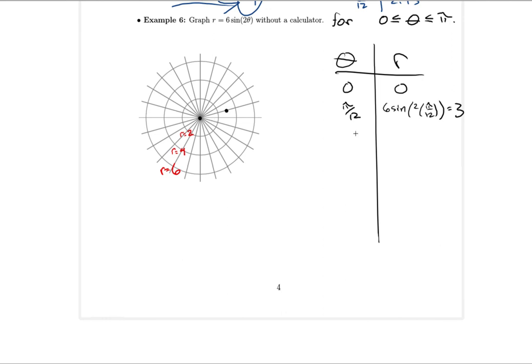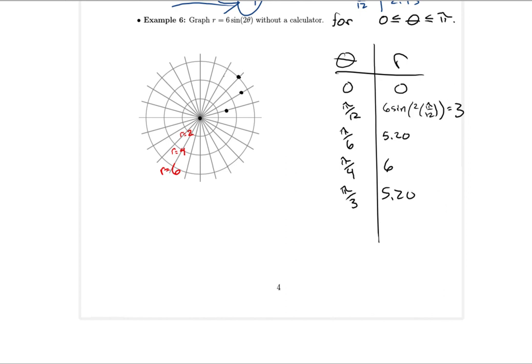All right, now if I plug in pi over 6, I'm going to not show all the detail work this time. I get 5.20. So that's going to give me, here's 5.20, a little past that. When I do pi over 4, that gives me 6 exactly. That puts me there. When I do pi over 3, it gives me 5.20 again.